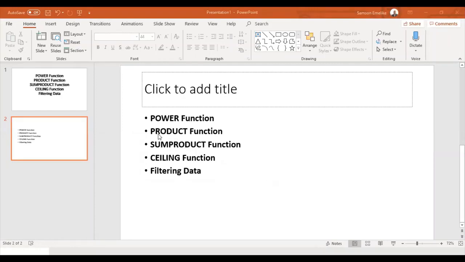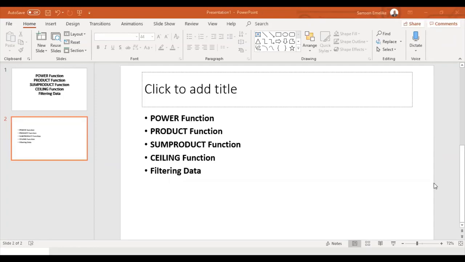And then for this product function, we have seen some budgets where we have unit cost and the number, and then possibly the number of days or the number of persons. When we want to get the total, we will click this point, multiply by this point, multiply by this point, and then we drag down.